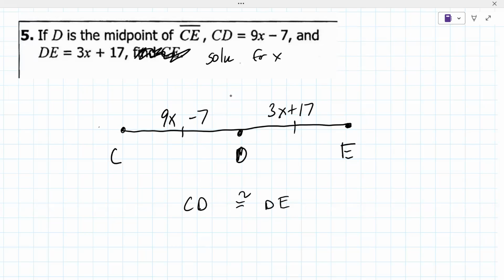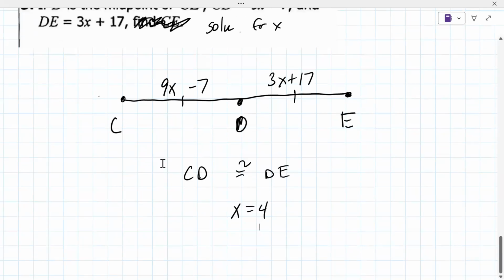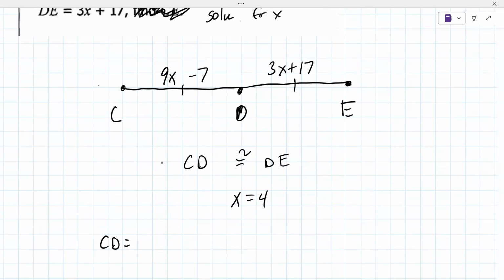X equals 4. Okay, let's see if that is correct here. To see if it's correct, I want you to put 4 in for X in this one on the left, and then similarly, put it on the right.